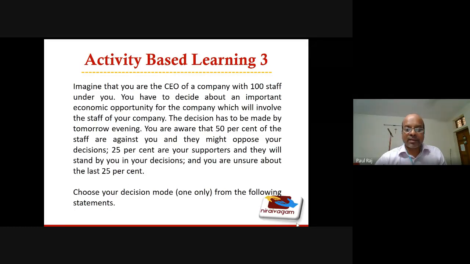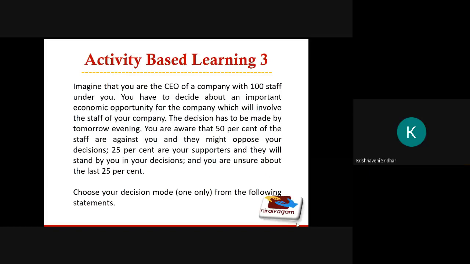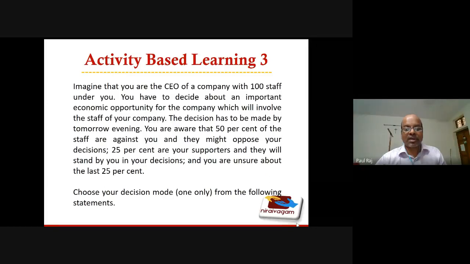You are aware that 50% of the staff are against you and they might oppose your decisions. 25% are your supporters and they will stand by you. And you are unsure about the last 25%. Choose your decision mode, one only, from the following statements. I will put the statements quickly on the next slide.